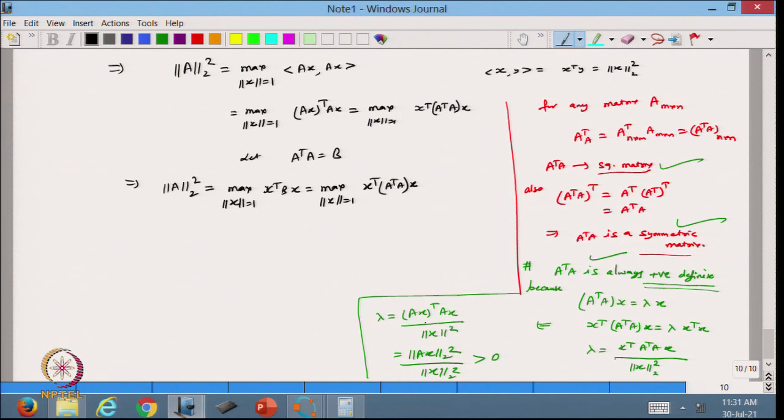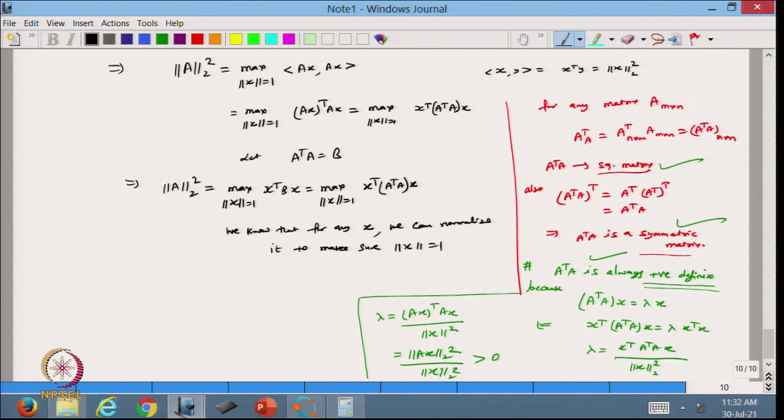Now, from here we know that for any x we can normalize it to make sure that its norm is 1.